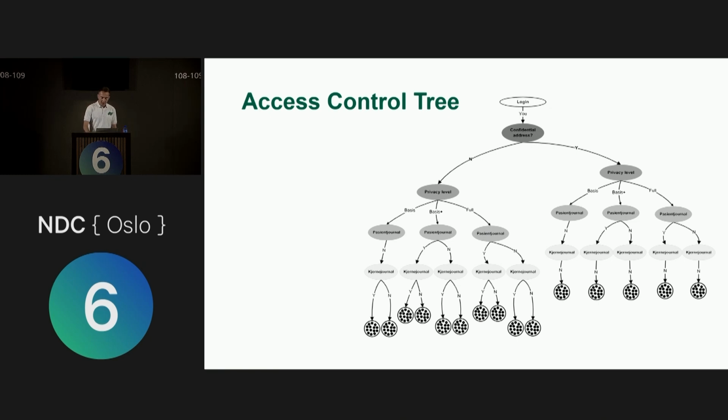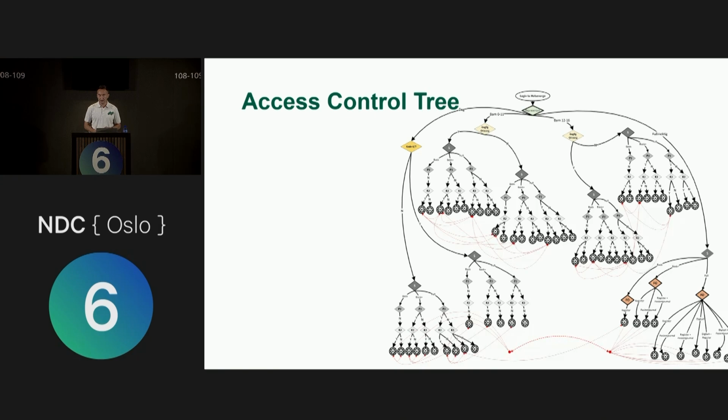Okay, back to our access control tree. This is the access control tree that we have seen, right? And this access control tree has only 4 attributes. A more realistic access control tree that we have developed is this one, which has 7 attributes.